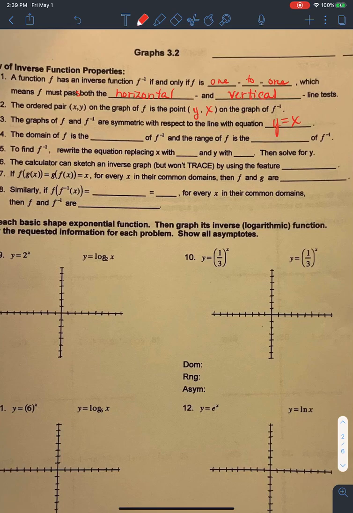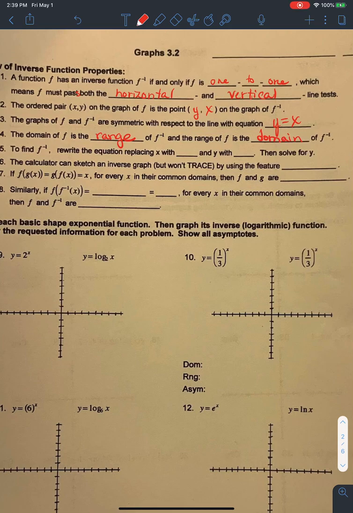For number 4, the domains and ranges get shared between the function and its inverse. The domain of f is the range of the inverse function, and the range of f would then be the domain of your inverse function.